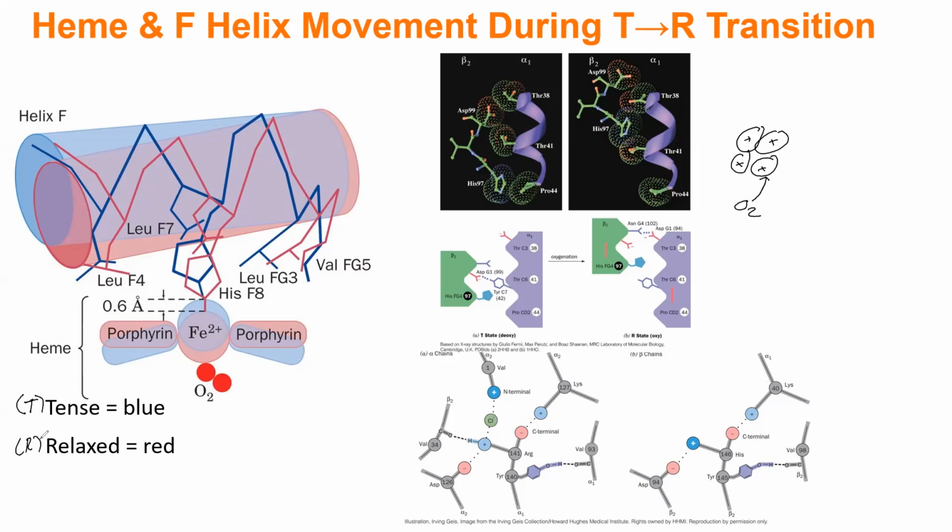They really just mean, is a ligand bound or is it not bound, for the most part. And for hemoglobin, if you're in the tense state, that means you do not have oxygen bound. If you're in the relaxed state, you do have it bound. So tense, no oxygen; relaxed, oxygen. Now, it's not as simple as no oxygen or oxygen, as we're going to see in a minute, but that's a good way to begin to think about it.